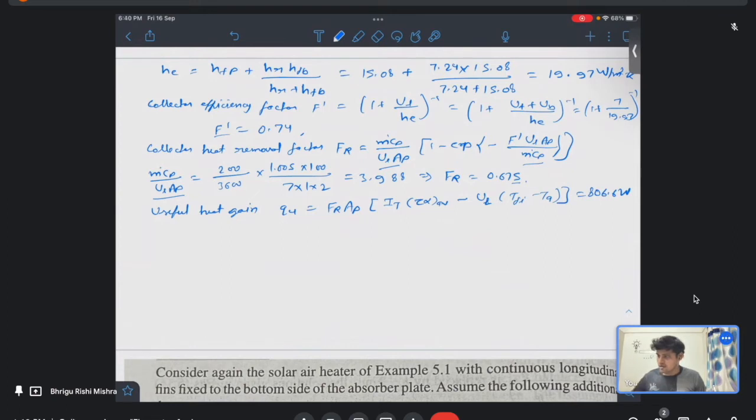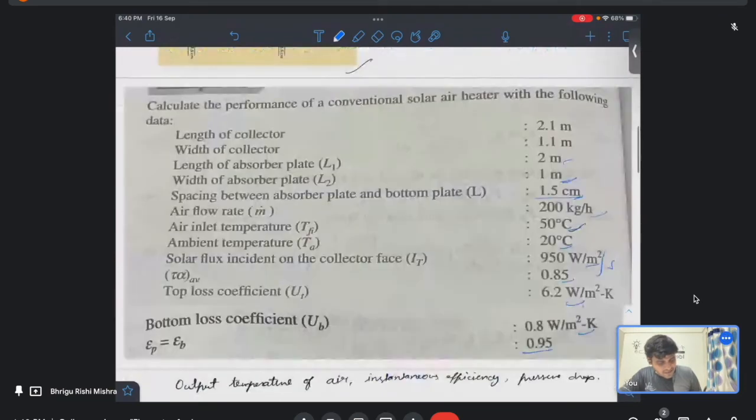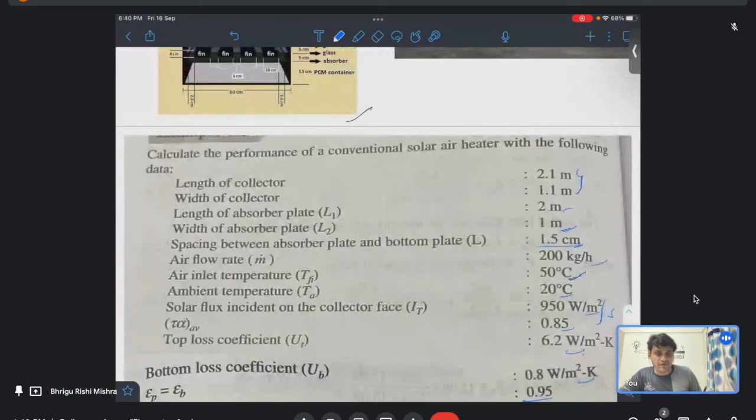Now what we need to calculate is the instantaneous efficiency. Instantaneous efficiency eta I is QU by IT into AC. Here AC is the area of the collector, which is given by the length of collector and width of collector.